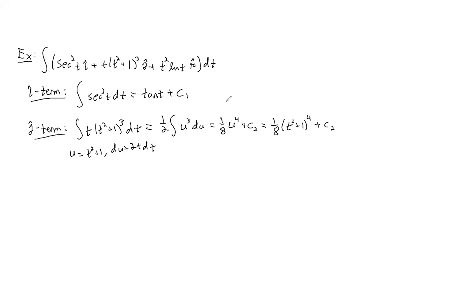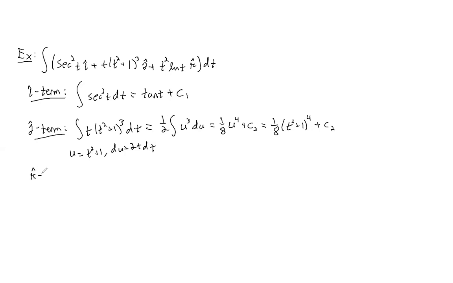Why c1 and c2? Well, remember when you do an indefinite integral, you have to add an arbitrary constant at the end. Now, we're just doing 3 different antiderivatives. There is nothing to say that those arbitrary constants are the same. In fact, they very likely won't be. So we have to allow for the possibility that there are different constants in each case.